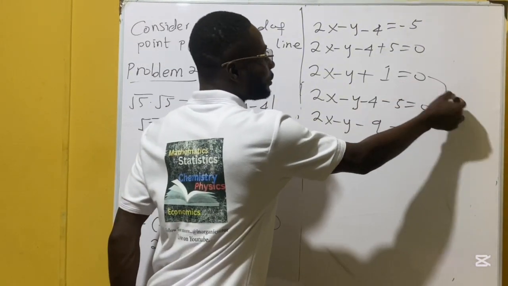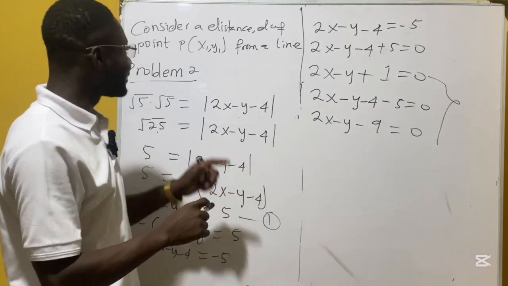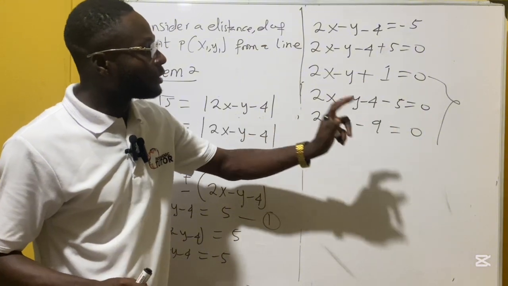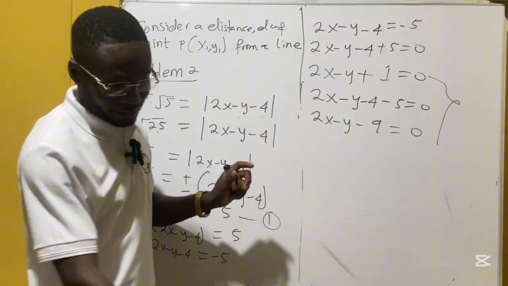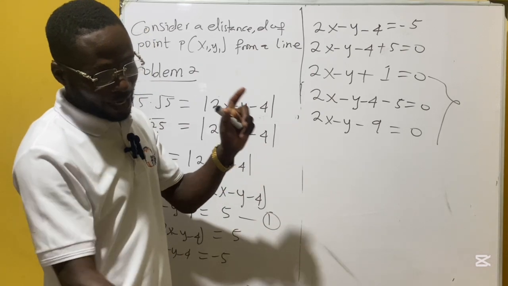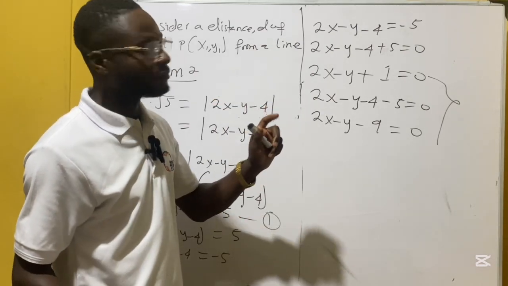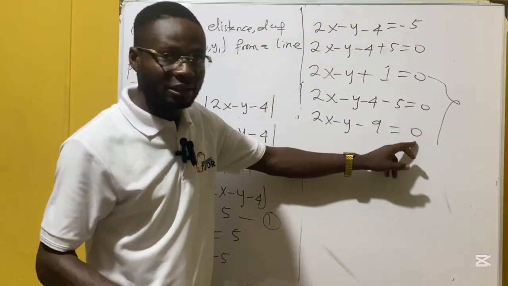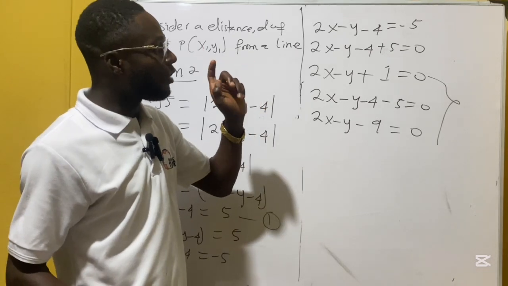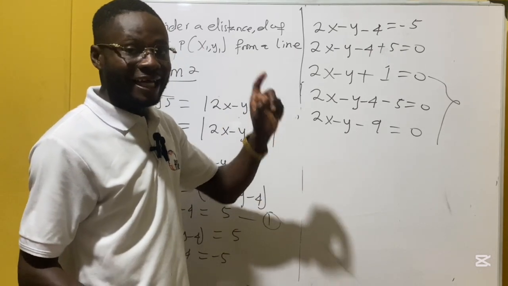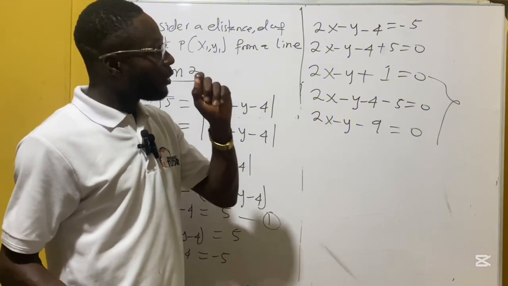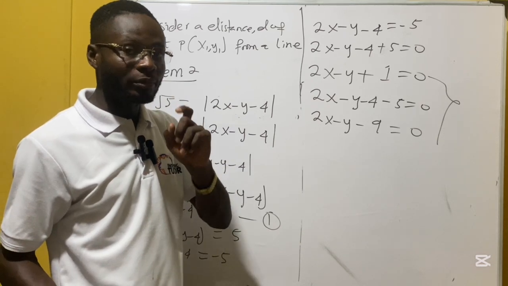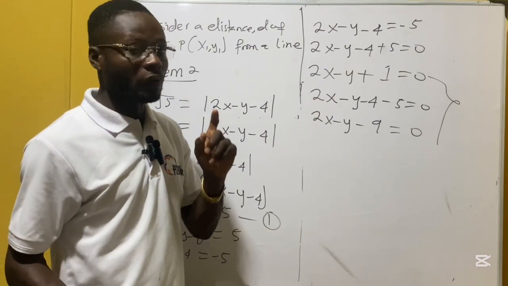So these two equations are the set of points P which are at a distance square root of 5 from the line 2x minus y minus 4 equals 0.